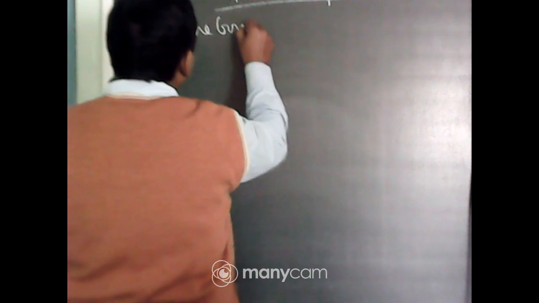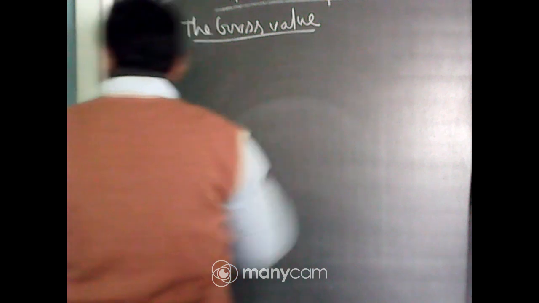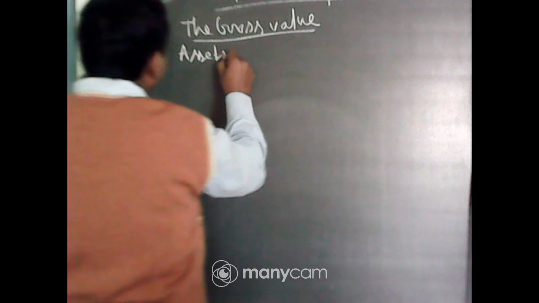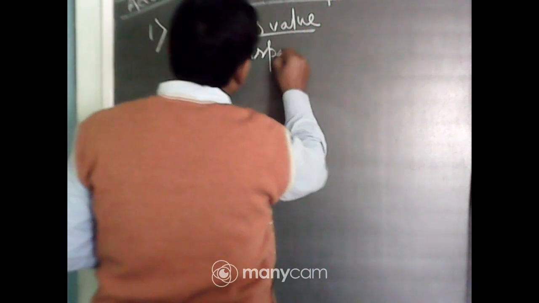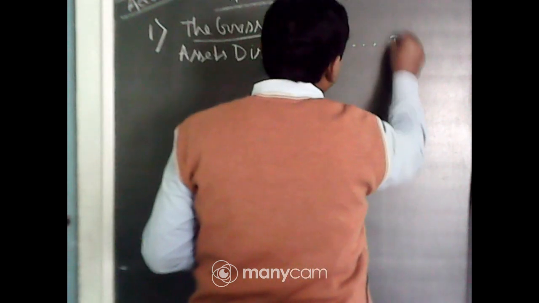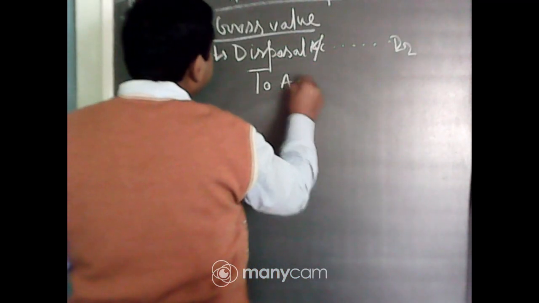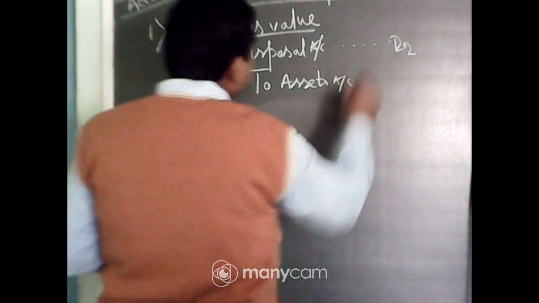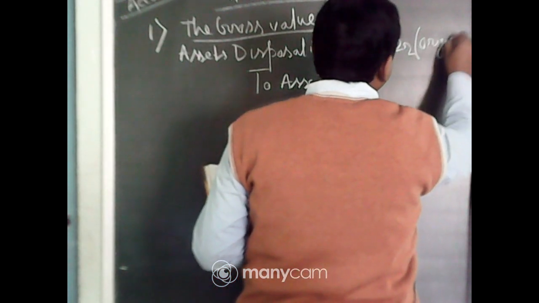Asset disposal account debit to asset account, because we are selling the asset. What will be the value? That is the original cost of the asset.